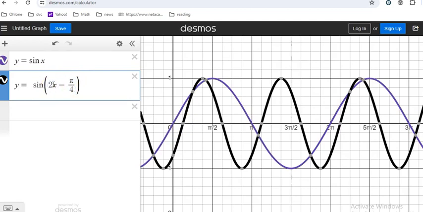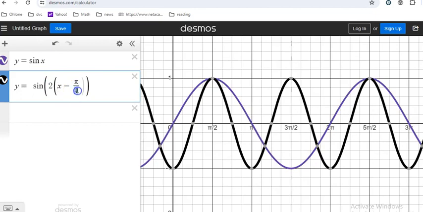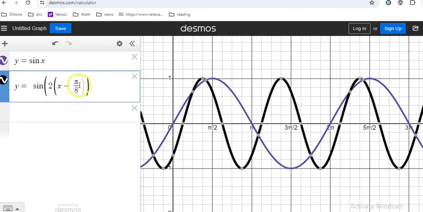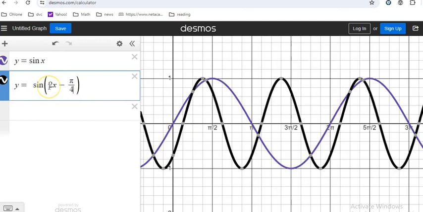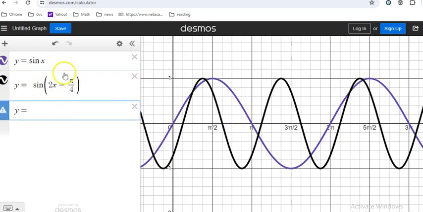Sometimes in other books, they write it factored. So the actual phase shift is pi over 8 if you factor it. If it is not factored, you have to divide by b. So this would be the same thing. Maybe I'll just show you.